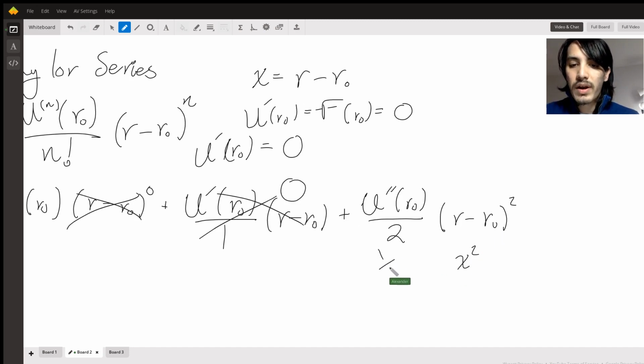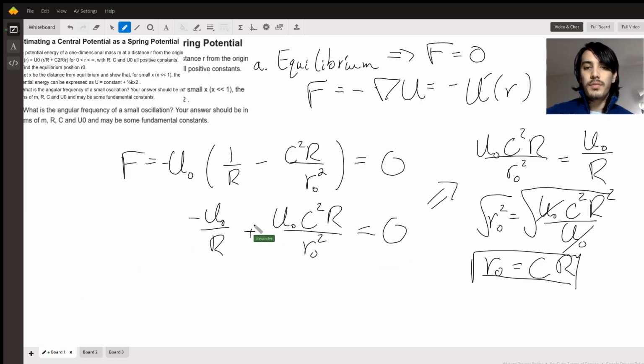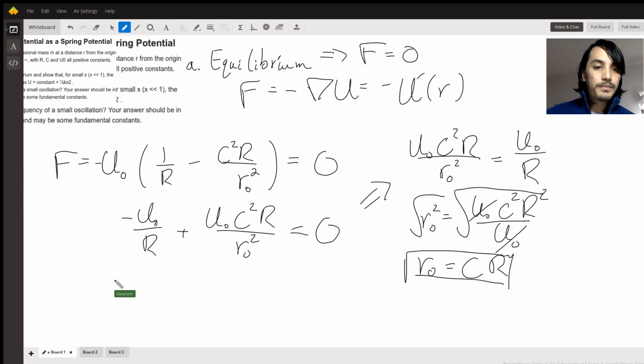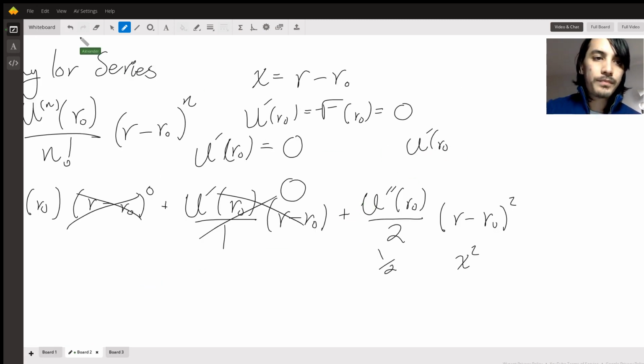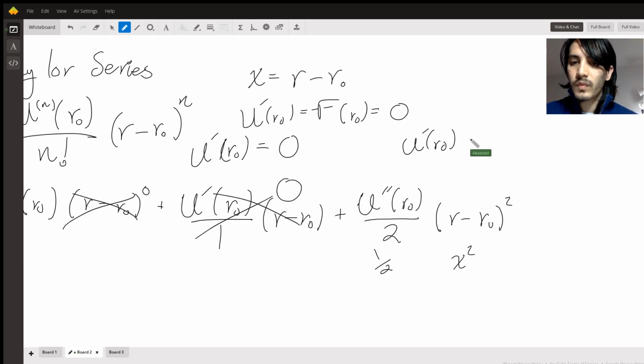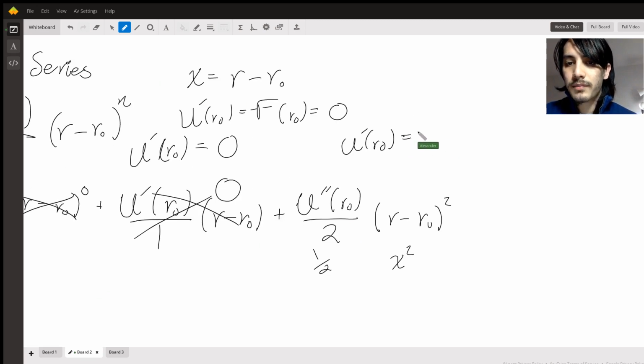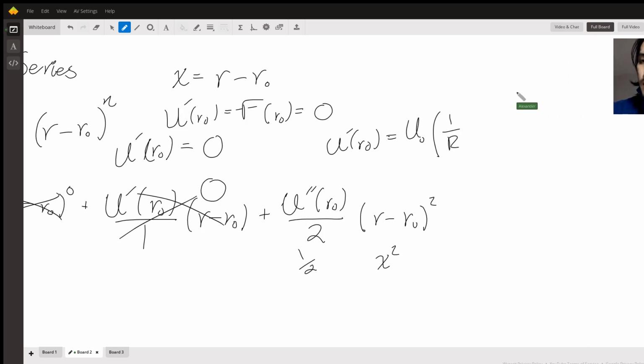We have a 1/2 from this here. And then for u double prime, we already found u prime to be u naught times the quantity 1 over r minus c squared r over r squared.